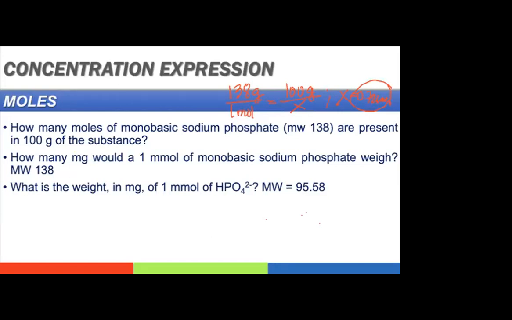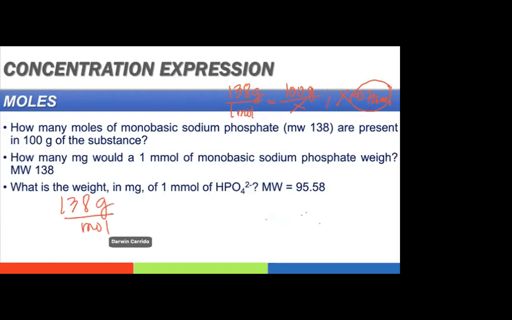Next. How many milligram would 1 millimole of monobasic sodium phosphate weigh? Dito nag-overthink masyado ang mga students where the answer is already given in the question. The molecular weight is 138 grams per mole.